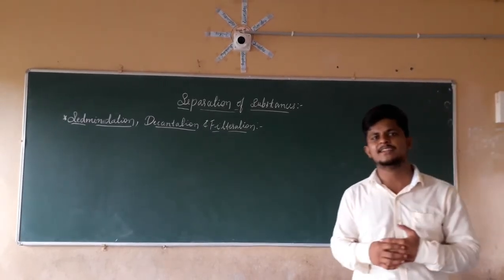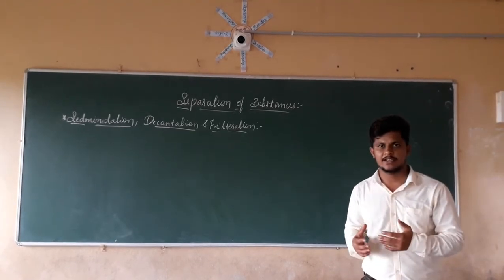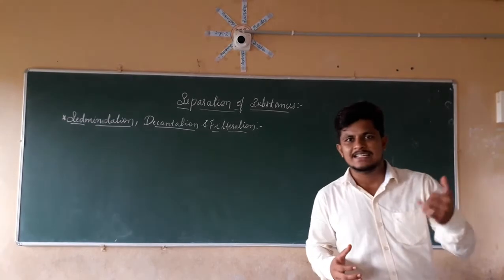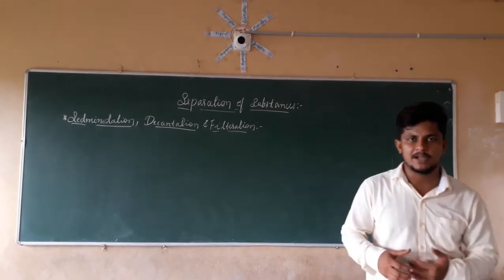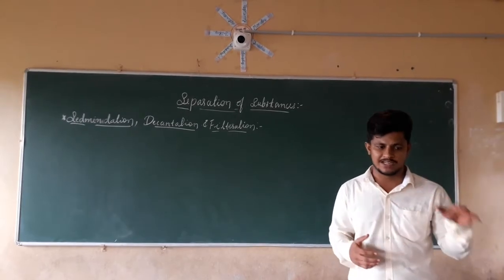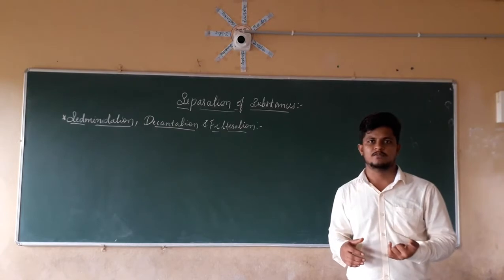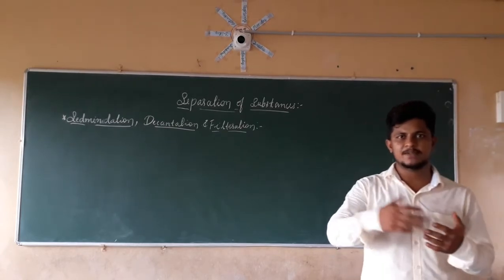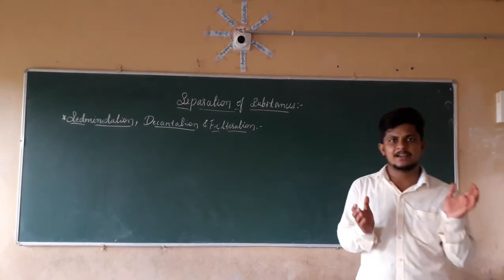So, what do you mean by sedimentation? What are we going to do in sedimentation? We keep the mixture for some time so that the heavy particles present in the mixture settle down, and the liquid will be present on the upper portion. Then we throw out the liquid on the upper portion by inclining the container.